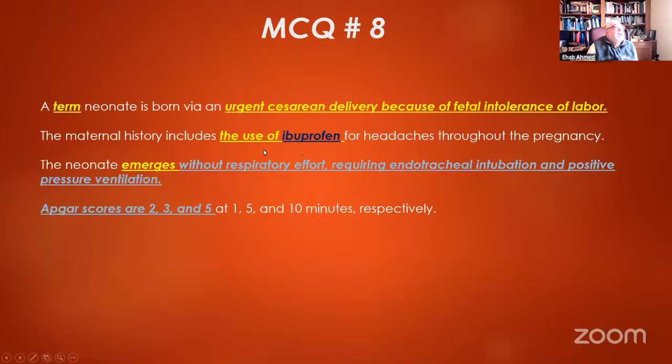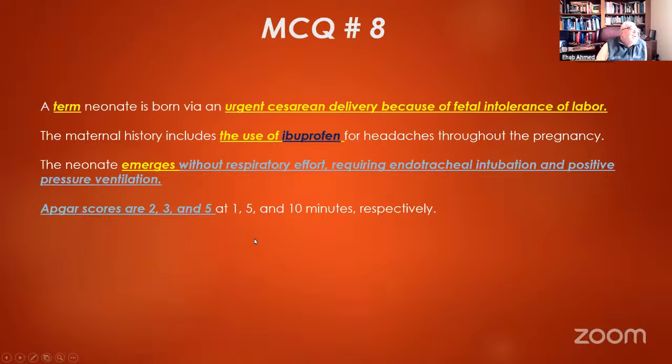An important key point is mom used ibuprofen during the whole course of pregnancy. From day one until she delivered, she received ibuprofen for headaches. Baby comes without any respiratory effort at all, required intubation in the OR and positive pressure ventilation.